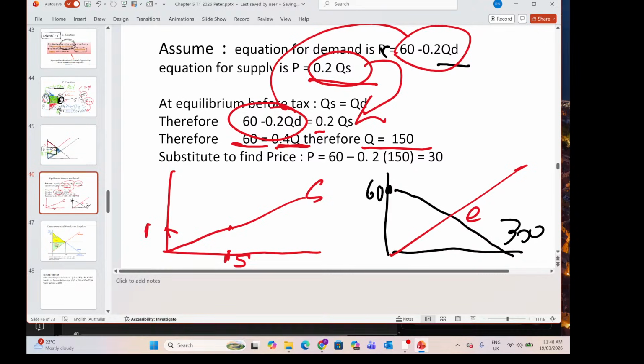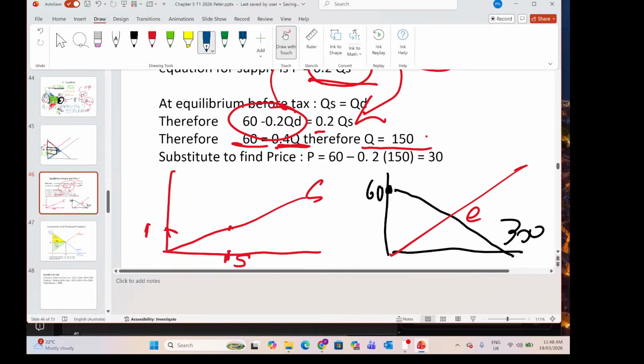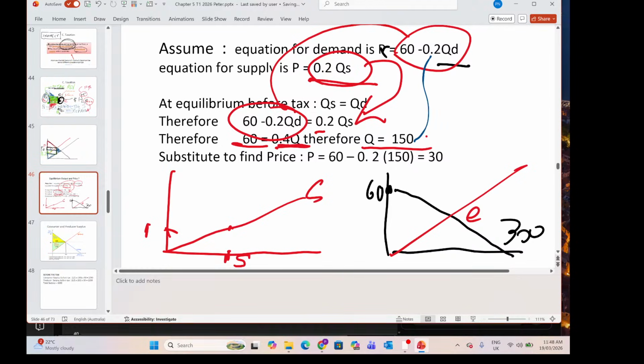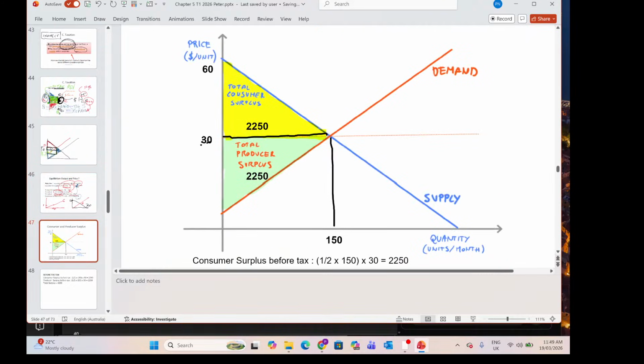And then with that 150, we just put that back in the original equation. A fifth of 150 is 30. So 60 minus 30 equals 30. So now we've got our price and our quantity, and we have our diagram.